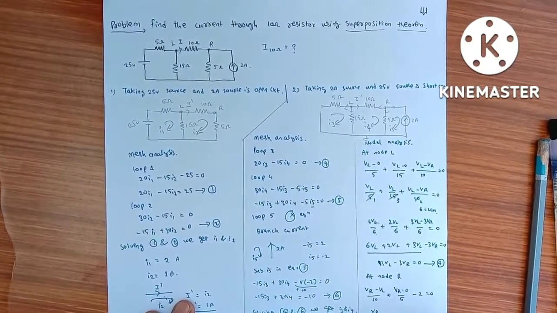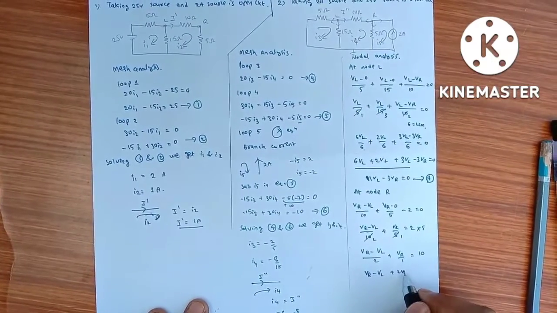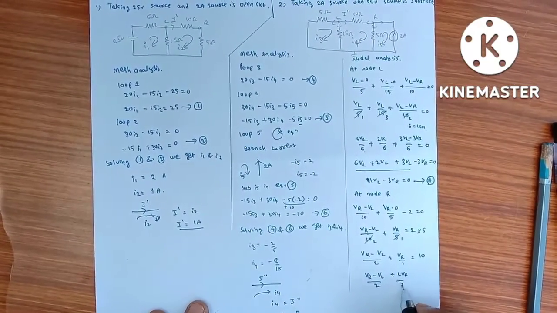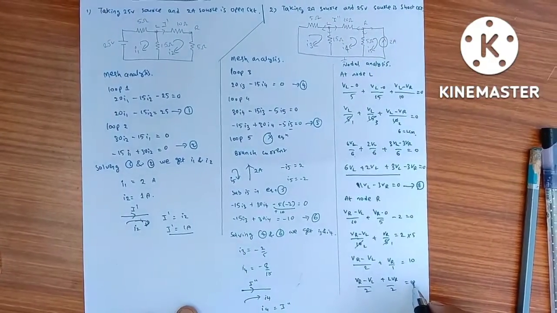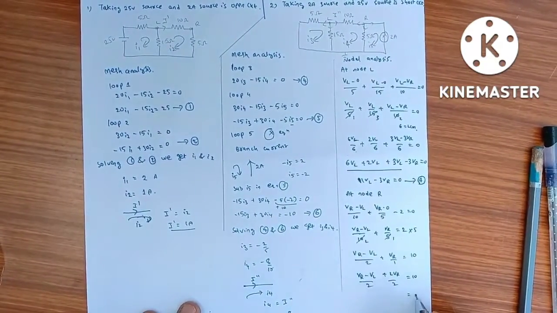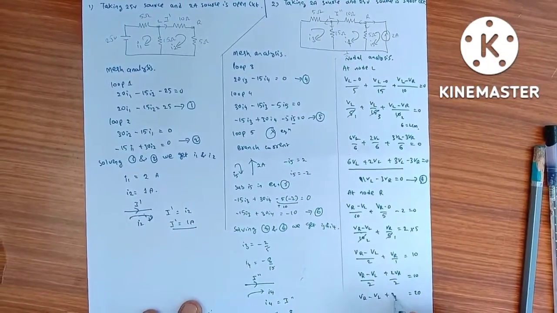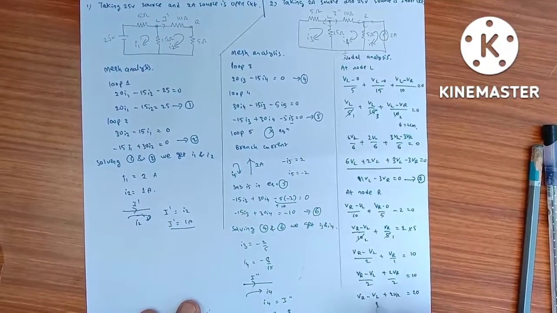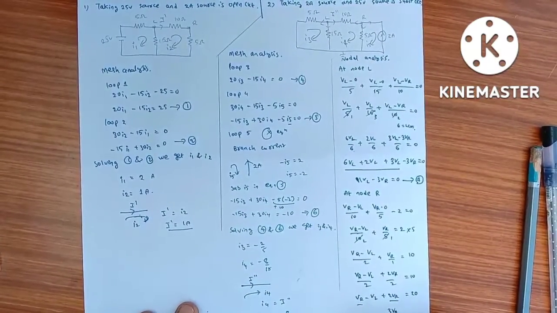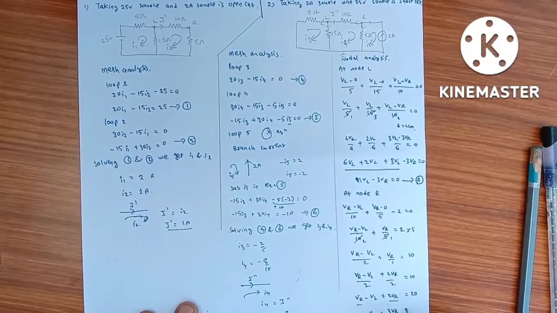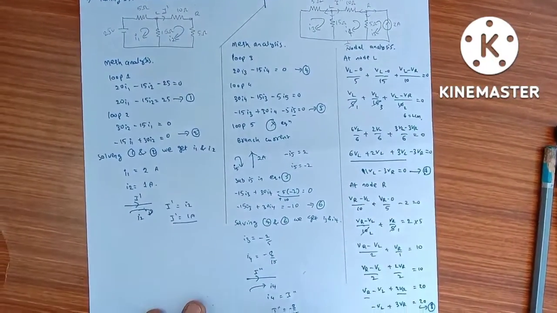Now VR minus VL plus 2 VR by 10, which is equal to 2. Taking 10 as common and sending to the other side, we get this side as 20. Now we are left over with VR minus VL plus 2 VR. Here we get 2 VR plus VR, which is equal to 3 VR minus VL, which is equal to 20. Consider this as equation number 8.